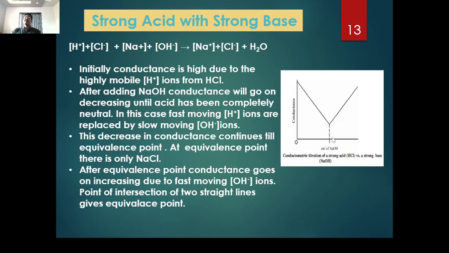From that we can determine the volume of sodium hydroxide required to neutralize the given hydrochloric acid, and by using the formula N1V1 = N2V2, we know the volume of HCl taken, the concentration of sodium hydroxide, and the volume of sodium hydroxide used to neutralize the hydrochloric acid from this graph.